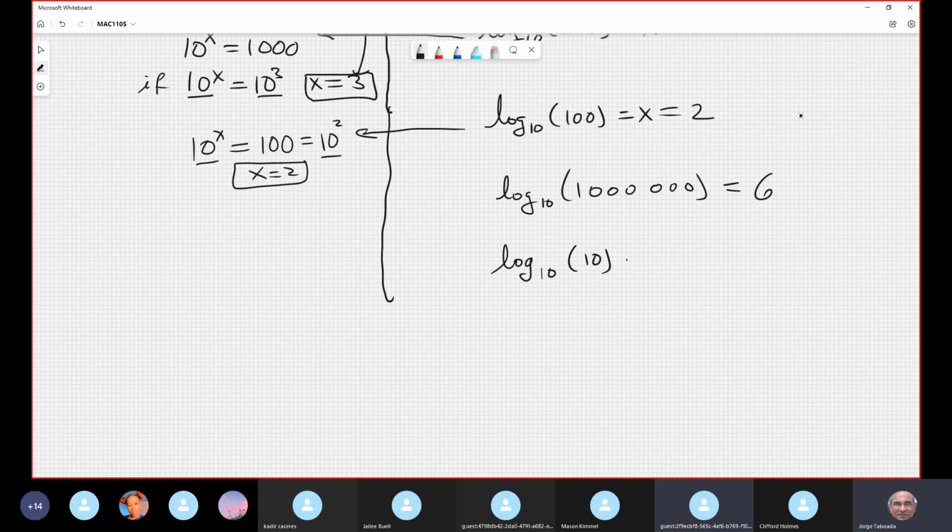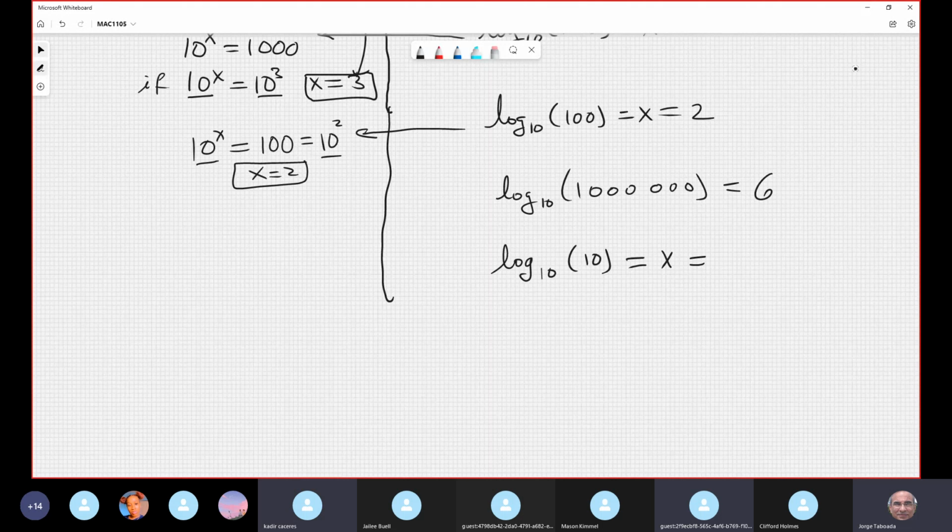Logarithm base 10 of 10. What do you think? Using the same idea, the same logic. No idea? Come on, guys, try. One, it's obvious. How do you know that it's one?